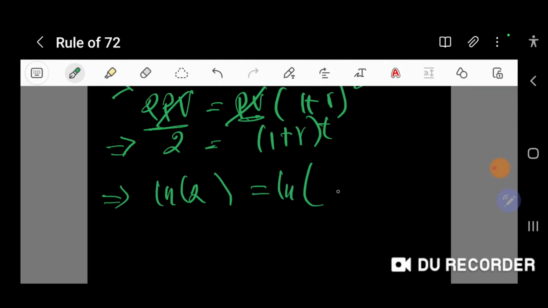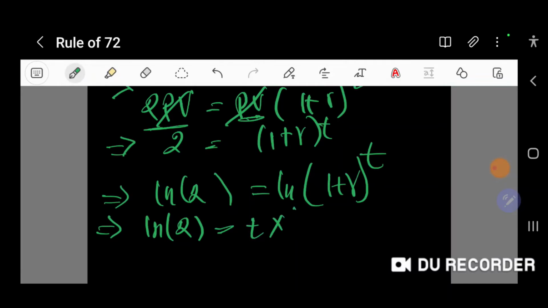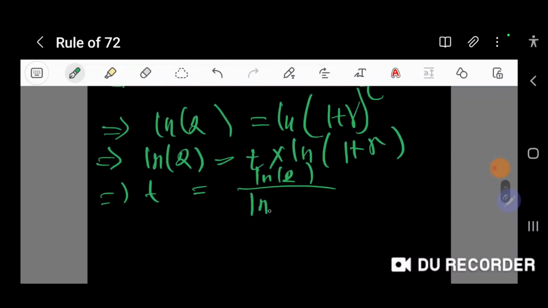We get ln 2 equals ln (1 plus R) to the power T. Using the log power rule, you can take the T out, and it becomes T multiplied by ln(1 plus R). So if you take T to the right side, T becomes ln 2 divided by ln(1 plus R).